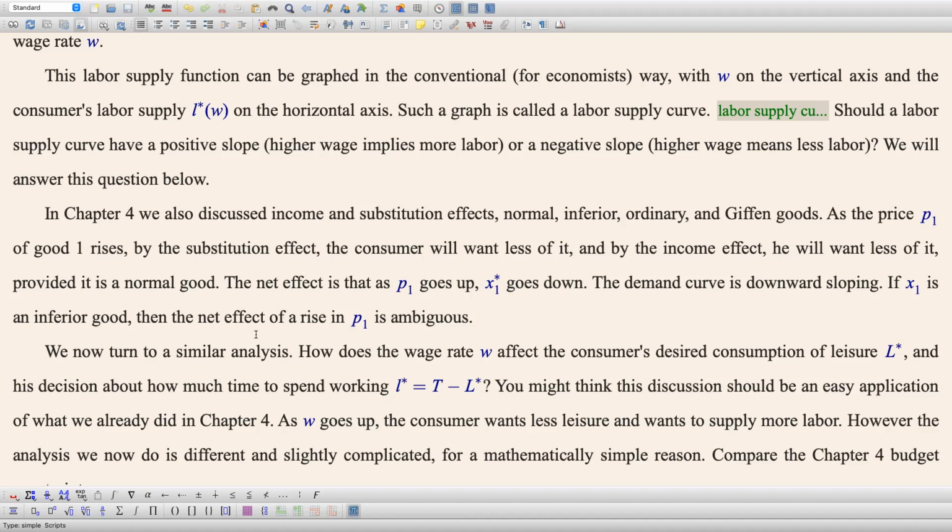The slope is divided by P, right? So as P is larger, you get poorer, right? Less of everything. So now you are going to consume less leisure in most preferences. It depends a lot on the preference, but in most preferences, it will happen that because now you're poor, people have to work harder because prices are higher, right?